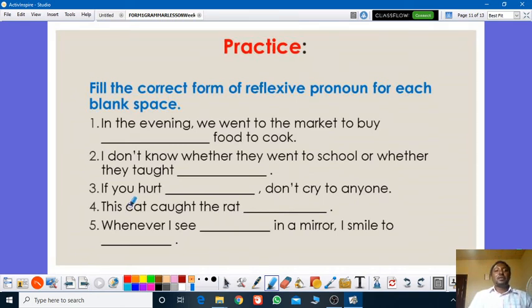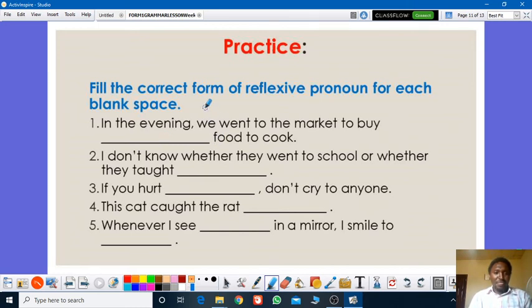Practice. Fill in the correct form of reflexive pronoun for each blank space. Number one: In the evening, we went to the market to buy ourselves food to cook.